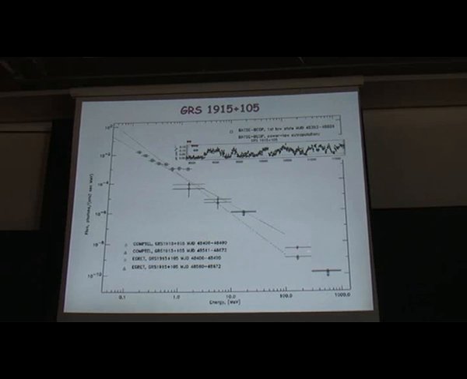And you see, one of the spectra has a clear detection not only by COMPTEL, but also by OSSE, with quite a small error bar. So again, the energy range is from 100 to 300 keV. So this shows that this object does not only have MeV non-thermal emission, but hundreds of keV non-thermal emission.